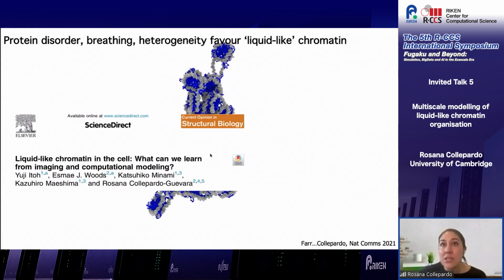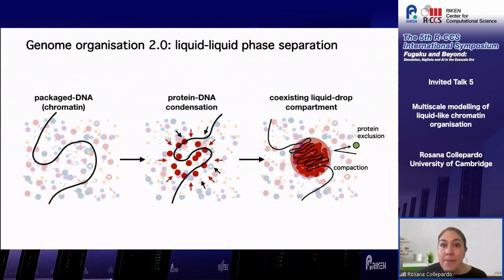So this model is known as liquid-like behavior, going by Kazu Maeshima. And this liquid-like chromatin organization actually challenges the idea that chromatin compaction unequivocally implies steric blocking of enzymes, suggesting that some alternative mechanisms need to be used to reconcile how function and structure of chromatin are linked.